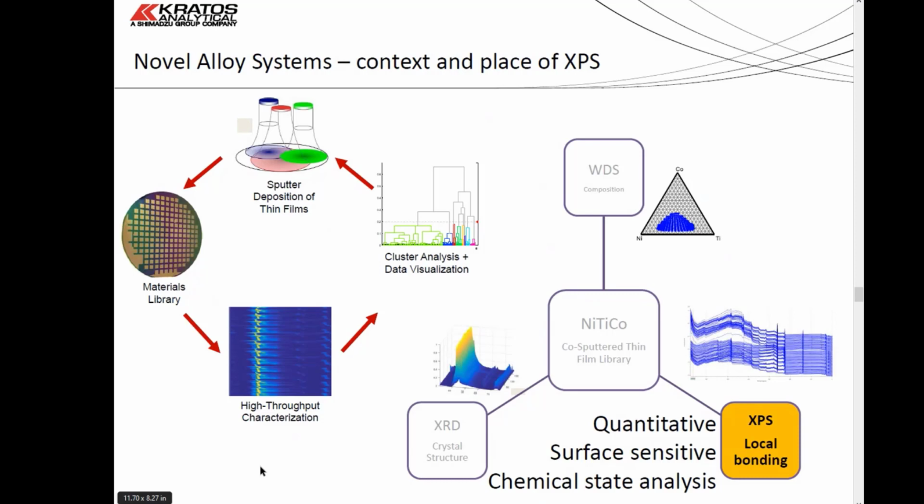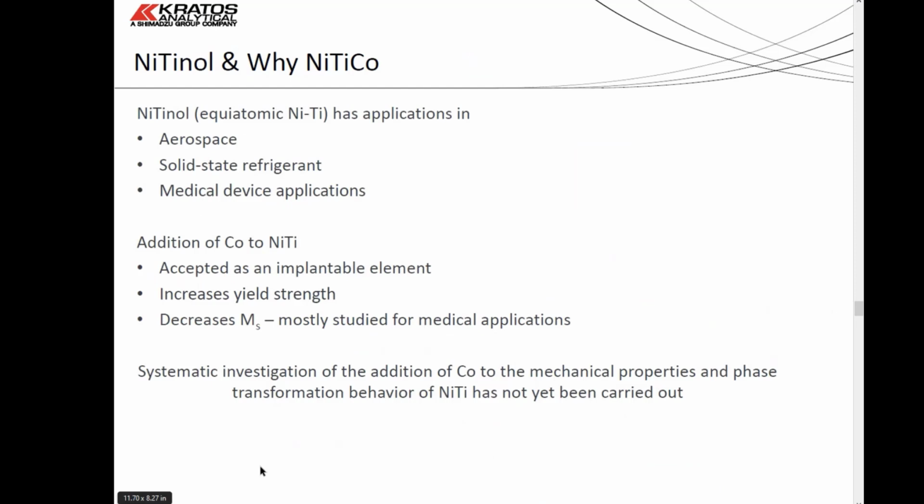Then that would go through different characterization techniques like XRD, force probe, resistivity as well, looking at correlative effects and linking chemistry and material characteristics to performance. XPS fitted in with that, because it's quantitative and it gives surface information as well, as we know. So that's where it sat in the material matrix for this project.